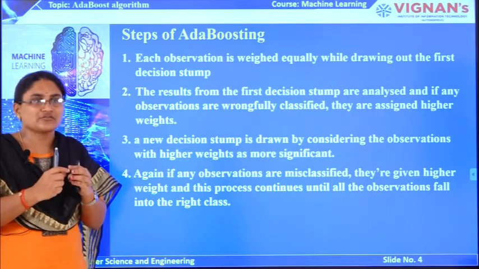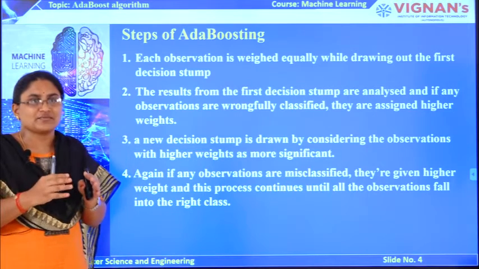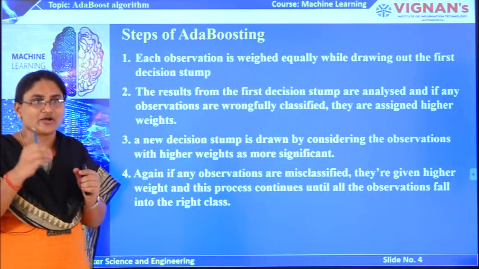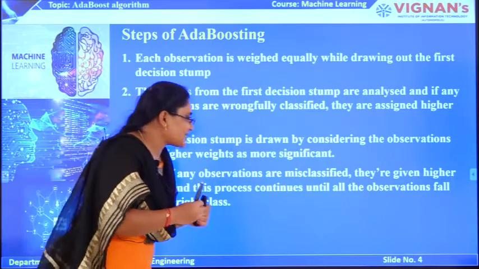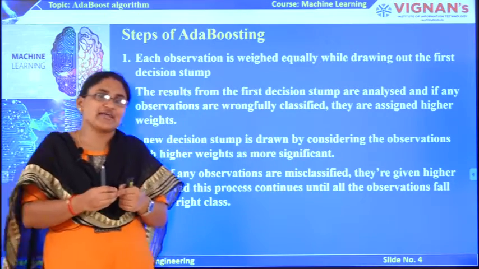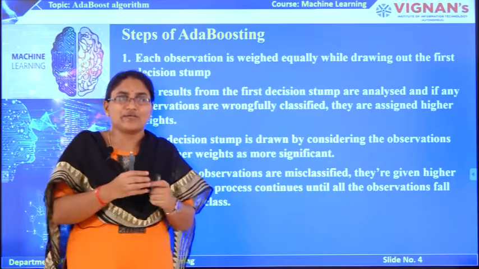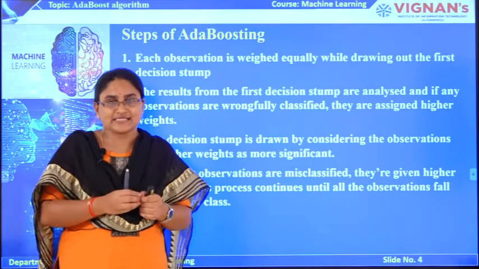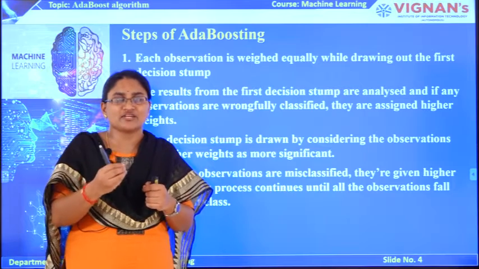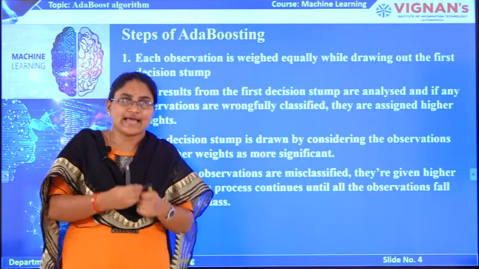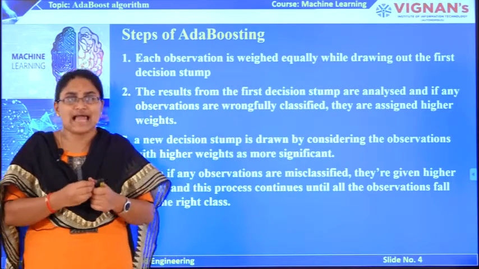After completion of our process, that is, whenever we cross the limit of all the base classifiers, we apply the voting classifier on all the predictions of all the decision stumps, and finally we get the final prediction for our data set, that is, for our strong classifier.